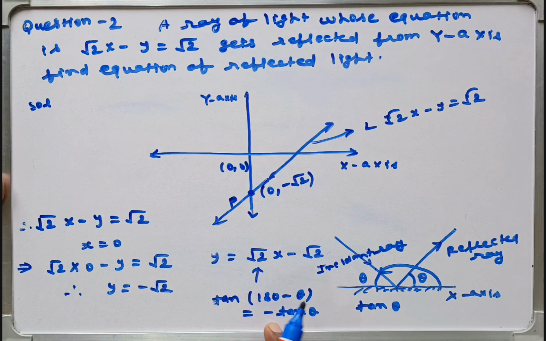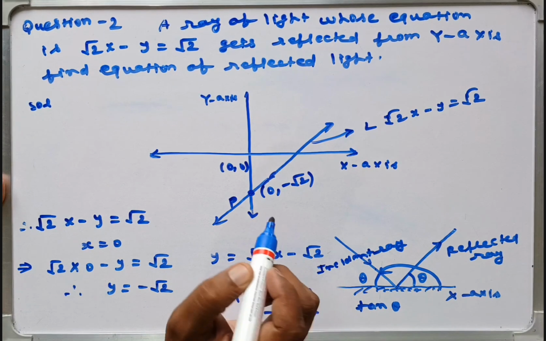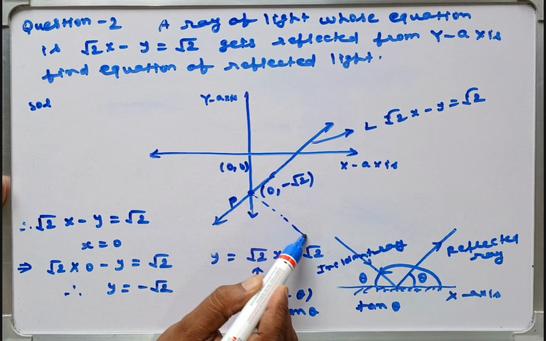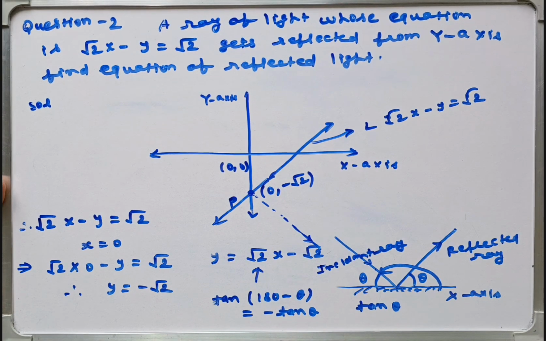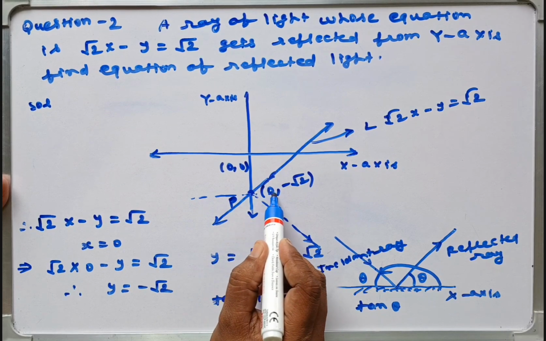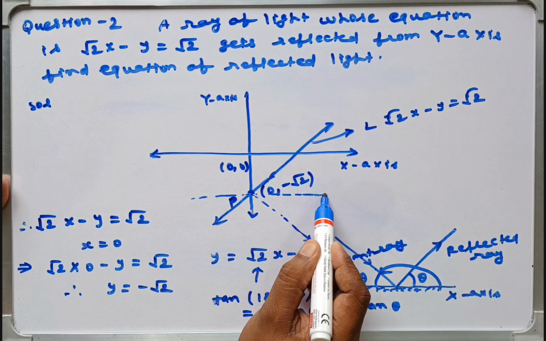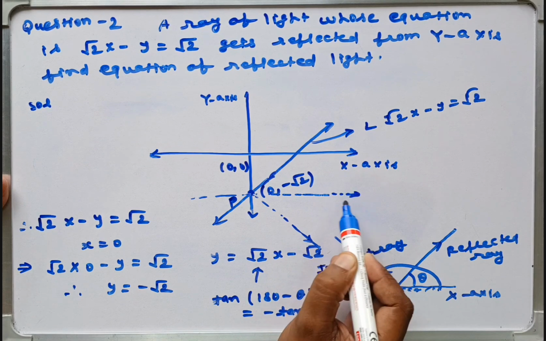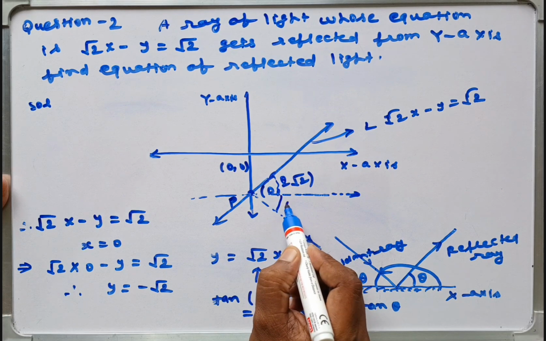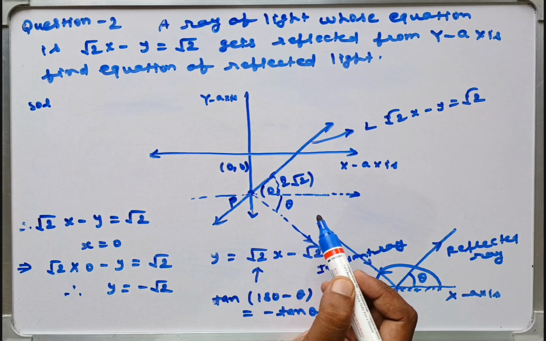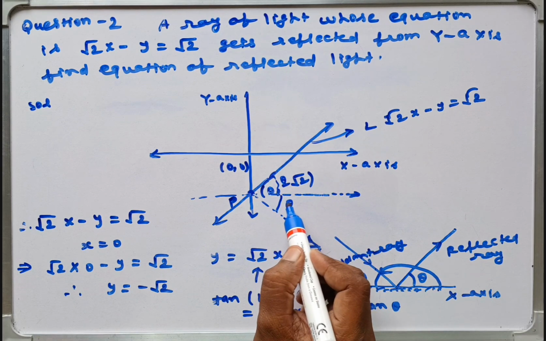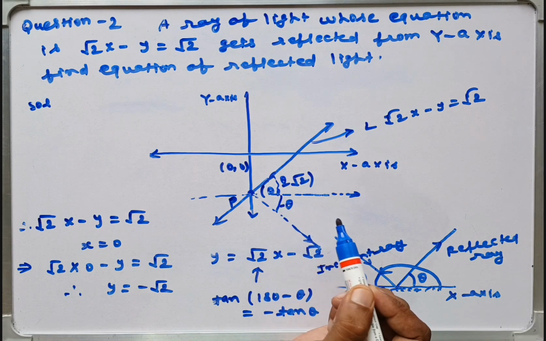So guys, the reflected ray will be like this one. Why am I saying this? See, if we draw a horizontal line like this and say this angle is theta, then this angle will also be theta. The only difference between these two is, if this is theta then this is minus theta.